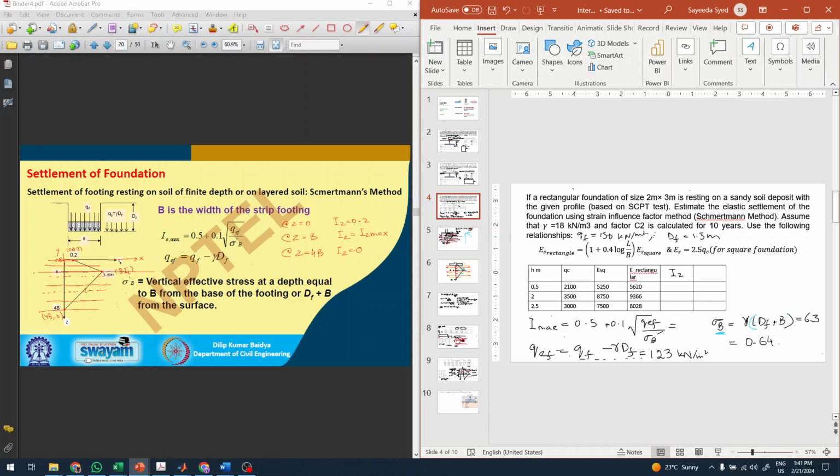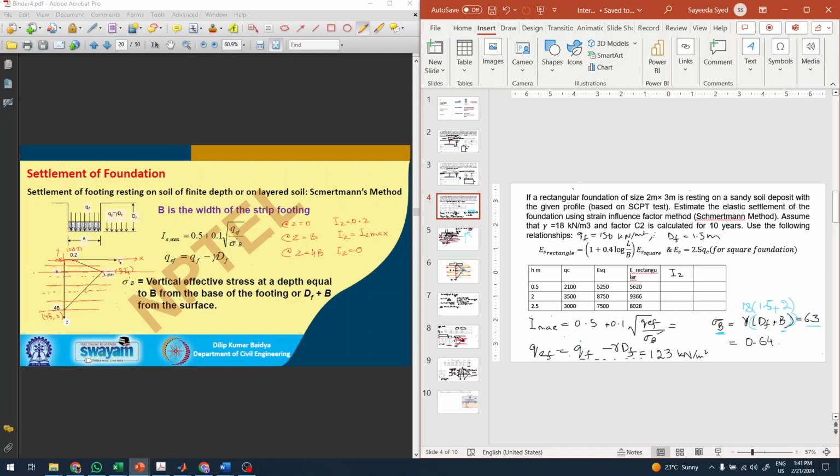So the total depth will be the depth of foundation plus the width of footing, and this will be 18 into 1.5 plus 2, which is 63.